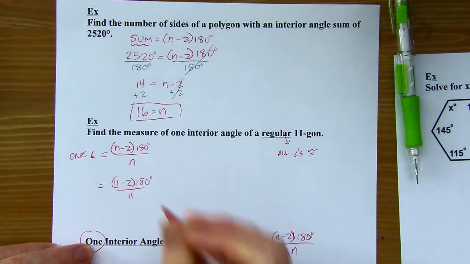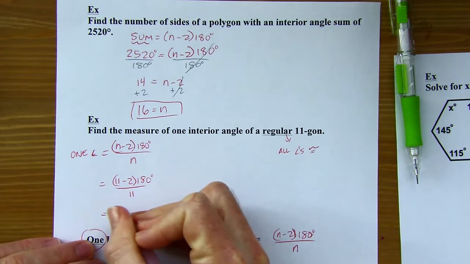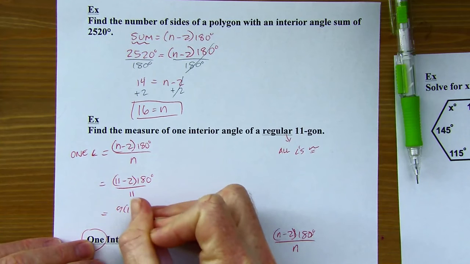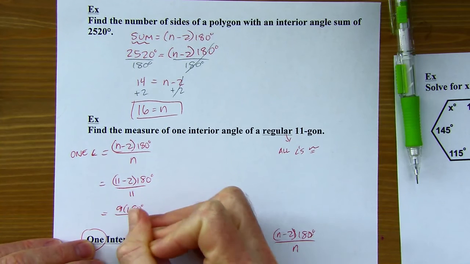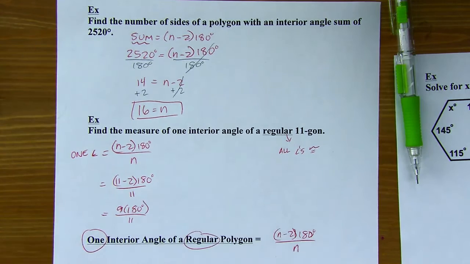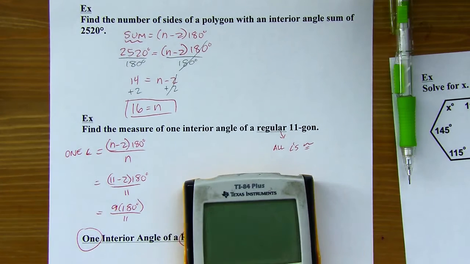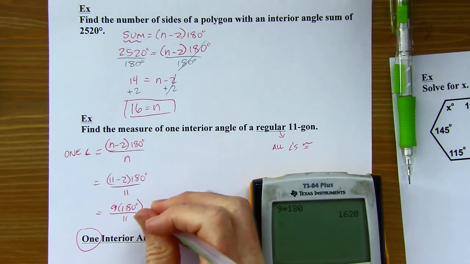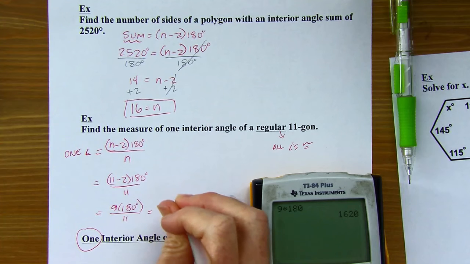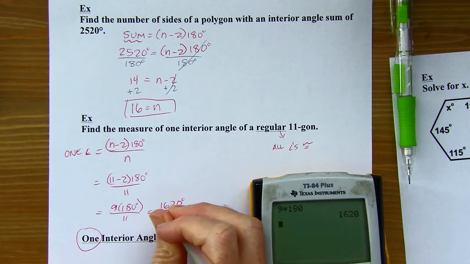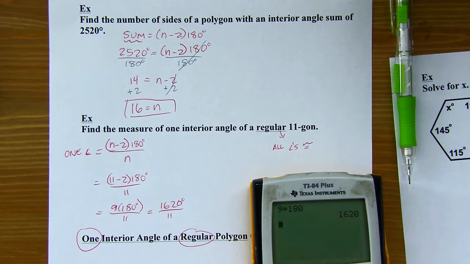So I'm going to do the parentheses first. I got 9 times 180 divided by 11. Calculator here. 9 times 180 gives me 1,620. Run out of space here. 1,620 degrees divided by 11.